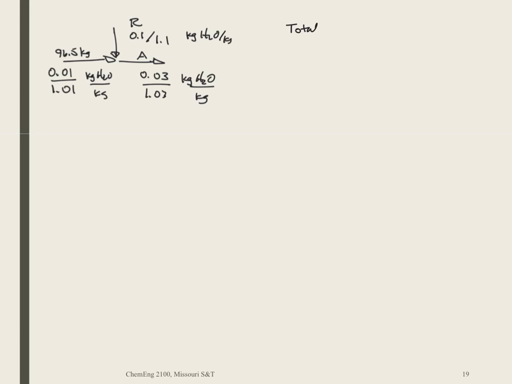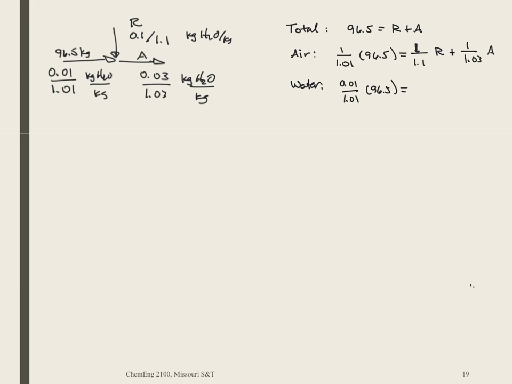So if I wanted to do a total mass balance at the mixing point, I have 96.5 equals R plus A. And if I were to do an air balance, I end up with 1 over 1.01 times 96.5 is equal to 1 over 1.1 times R plus 1 over 1.03 times A. And a water balance is 0.01 over 1.01 times 96.5 equals 0.1 over 1.1 R plus 0.03 over 1.03 A. Okay, so I can solve any two of these as a system and check in the other.